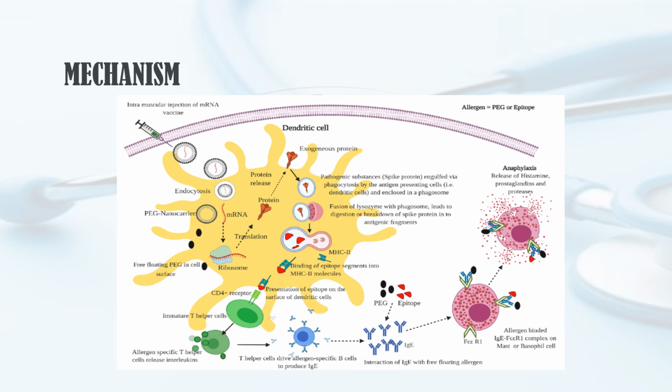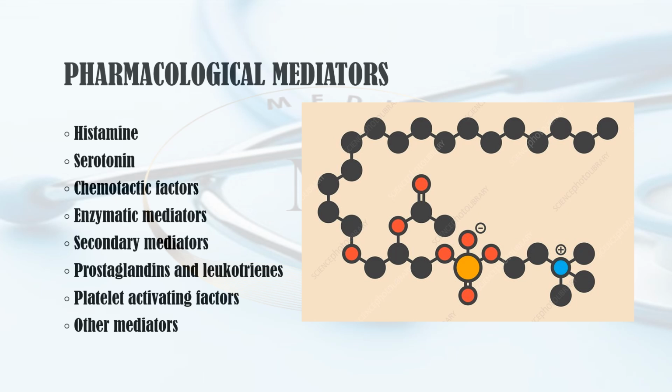Okay. So what are the pharmacological mediators? First is histamine. Histamine is the most important vasoactive amine in human anaphylaxis. How is it formed? It's formed by decarboxylation of histidine, which is found in the granules of mast cells, basophils and platelets. What histamine does is it induces smooth muscle contraction.